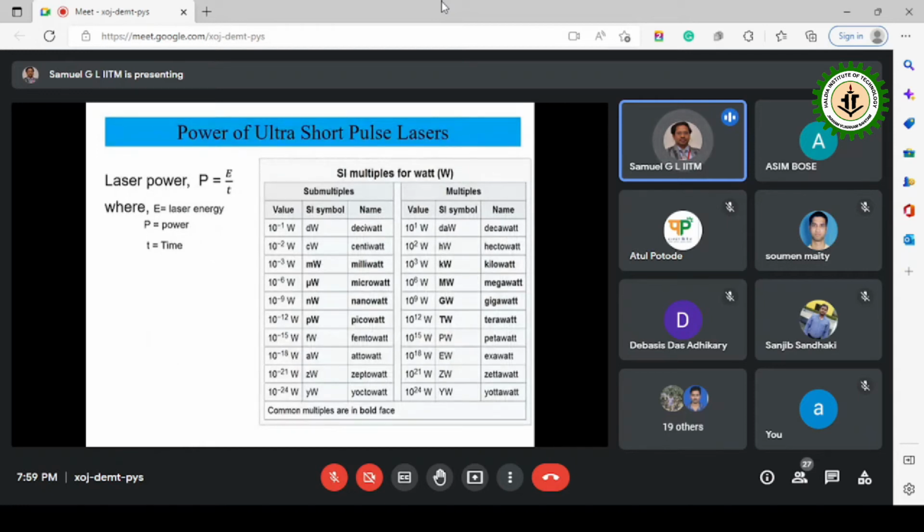When you give, say, 10 microjoules of energy, it is 10 into 10 to the power of minus 6 joules. Divide by time, 1 femtosecond, 10 to the power of minus 15. When you do that, you cancel the zeros and bring the denominator to the numerator. So you are still left with 10 to the power of 9 joules.